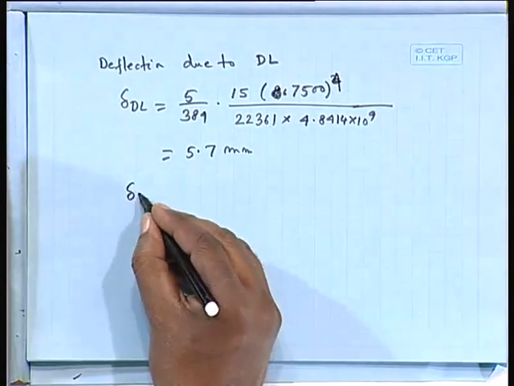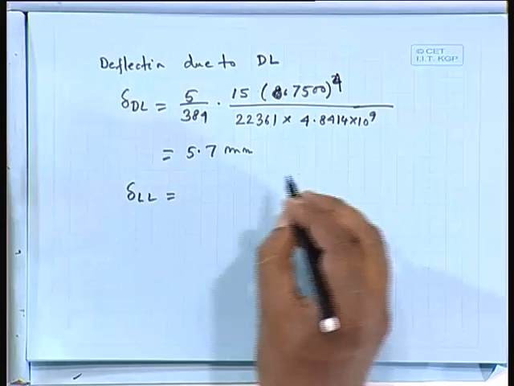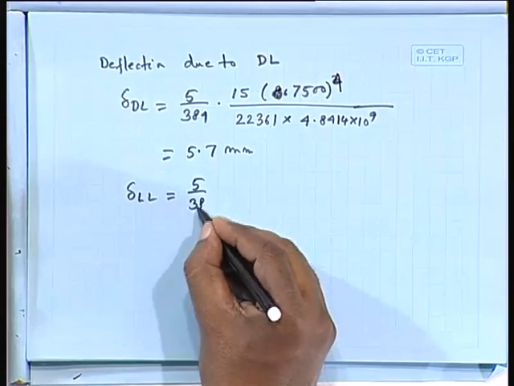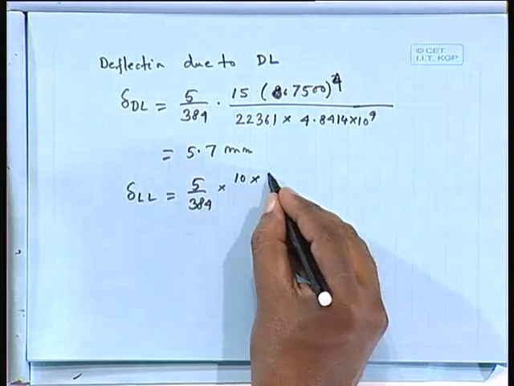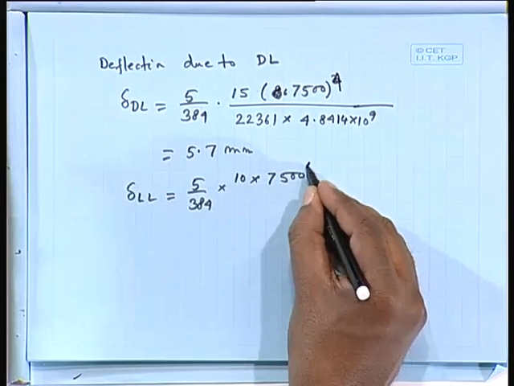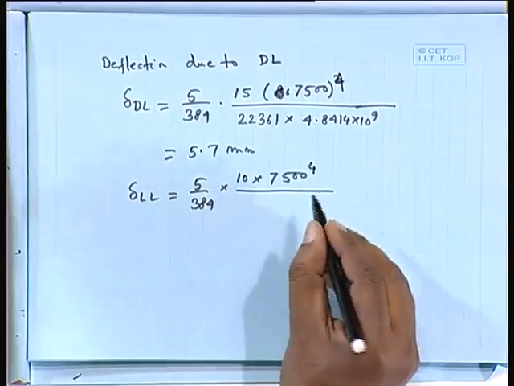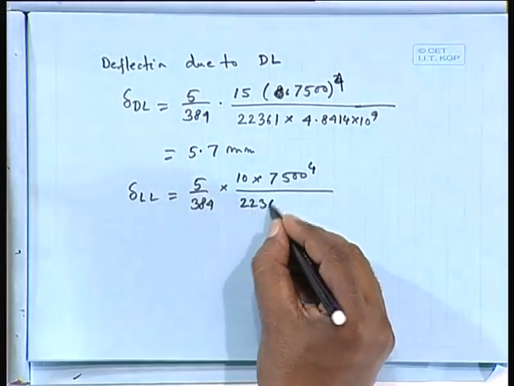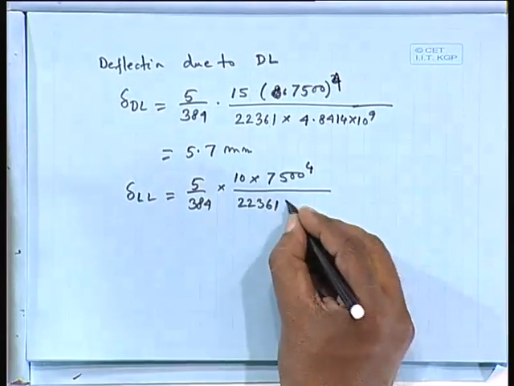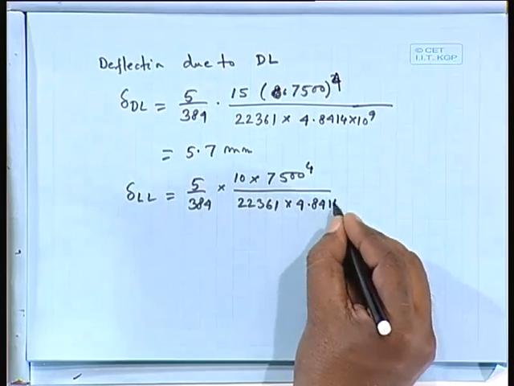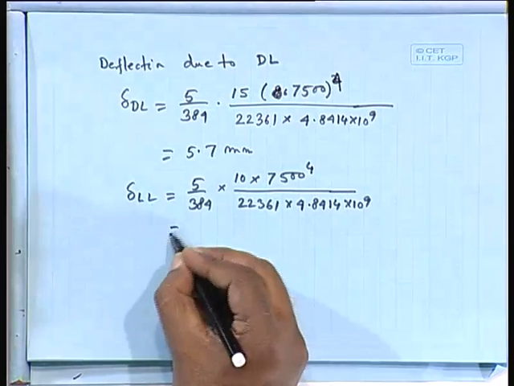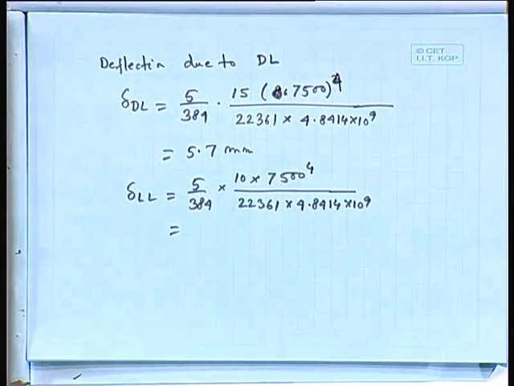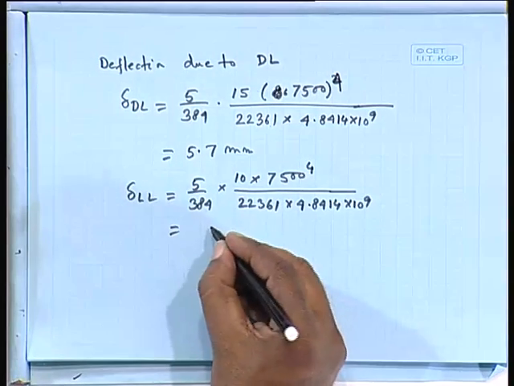And what about delta LL? The same way we can find out 5 by 384, or we can take the ratio also, 10 Newton per millimeter, 7500 to the power 4 divided by 22361 into 4.8414 into 10 to the power 9, and which will be here equal to, so 3.8 say.